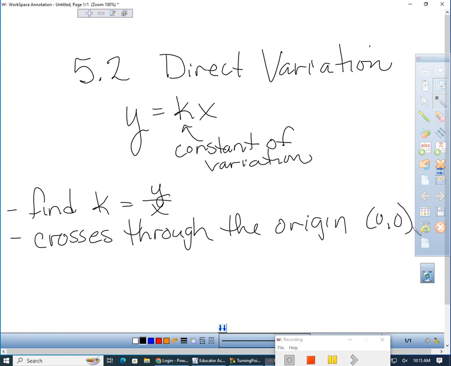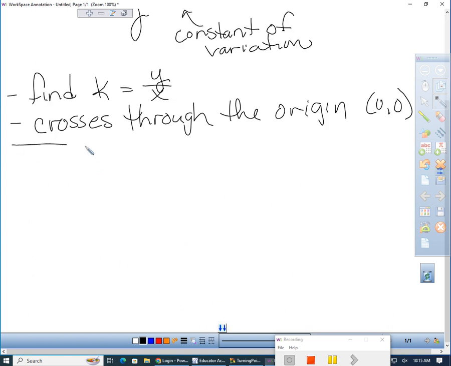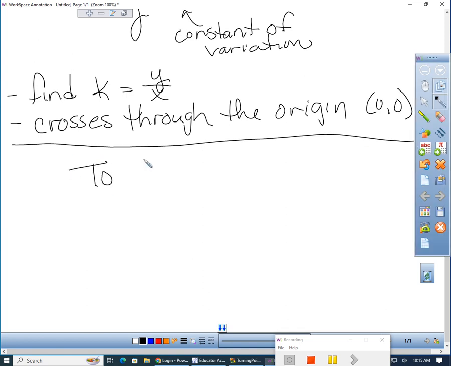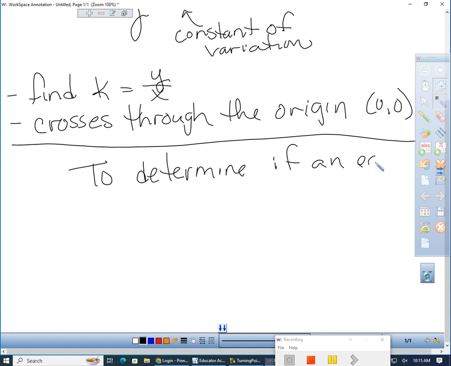So the first section today, we've got to determine from an equation whether or not it's a direct variation. That's where we're going to start. To determine if an equation is a direct variation, these are the steps I want you to think about.